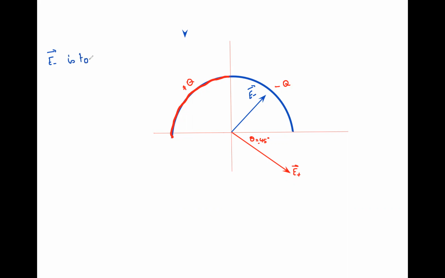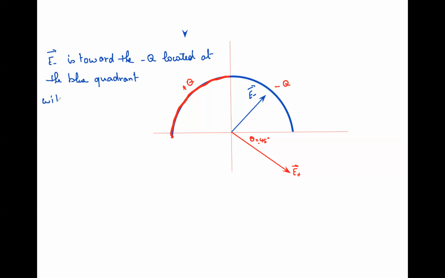So we have to say here E negative is toward the minus Q, located at the blue quadrant. Okay?